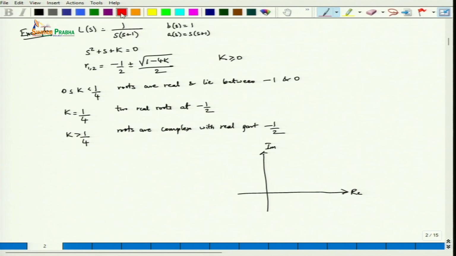The first one will be at s is equal to 0. The second one will be at s is equal to -1.